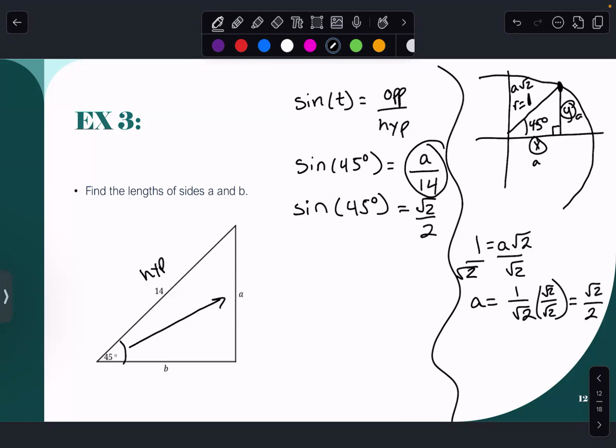Well, now that I know that these are the same and I have those two answers set equal to sine of 45 degrees, I can set my two answers equal to each other. And then now I can find out what a is. So we can do this a couple of different ways.